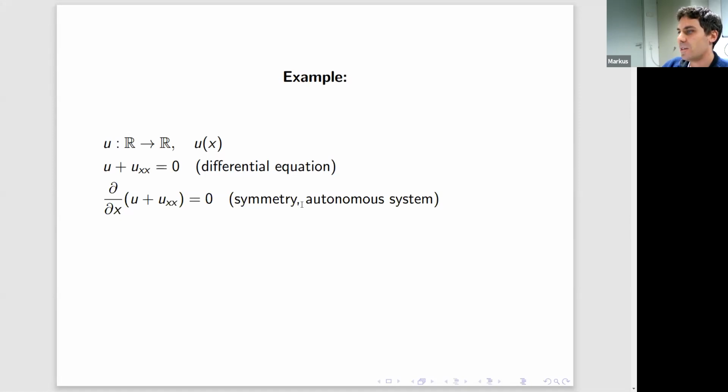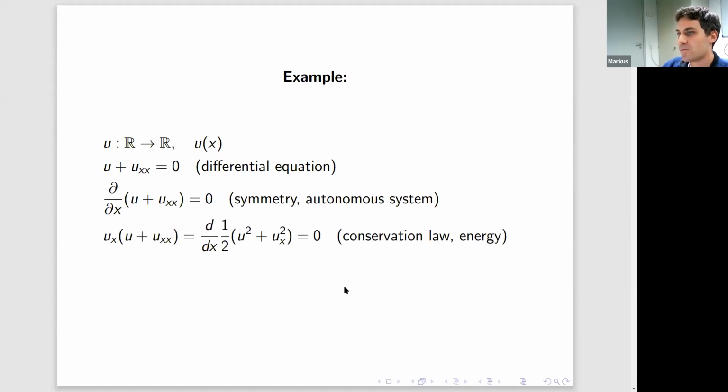So you could also say it's an autonomous system. You can describe the symmetry by applying this partial derivative with respect to x, the symmetry vector field here, and this expression will always vanish also on non-solutions of the differential equation. So this is a symmetry in this case.